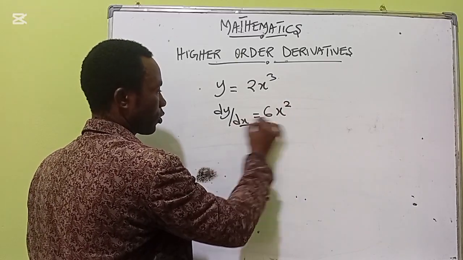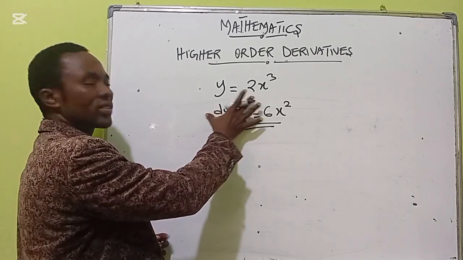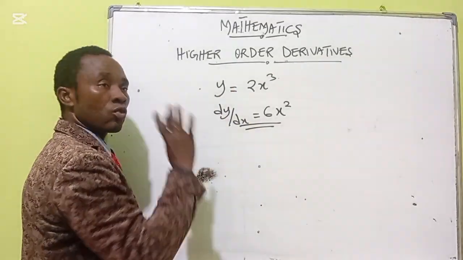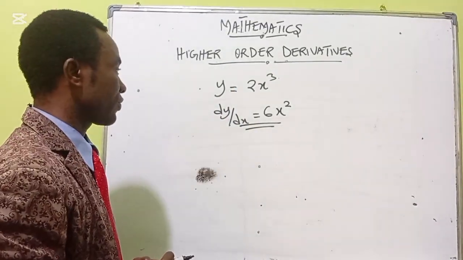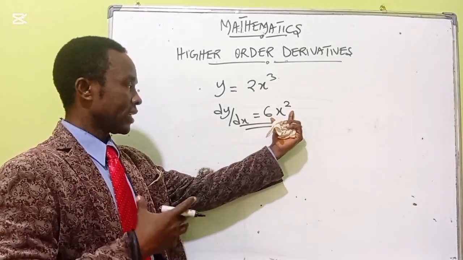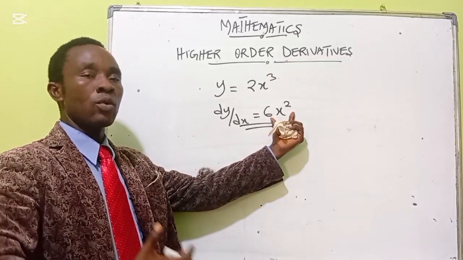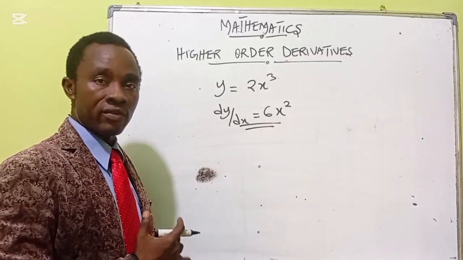That will give us 2. That will be the answer. Now, this first differentiation is what we call the first derivative. If we differentiate this answer again, the answer we get will be called the second derivative.